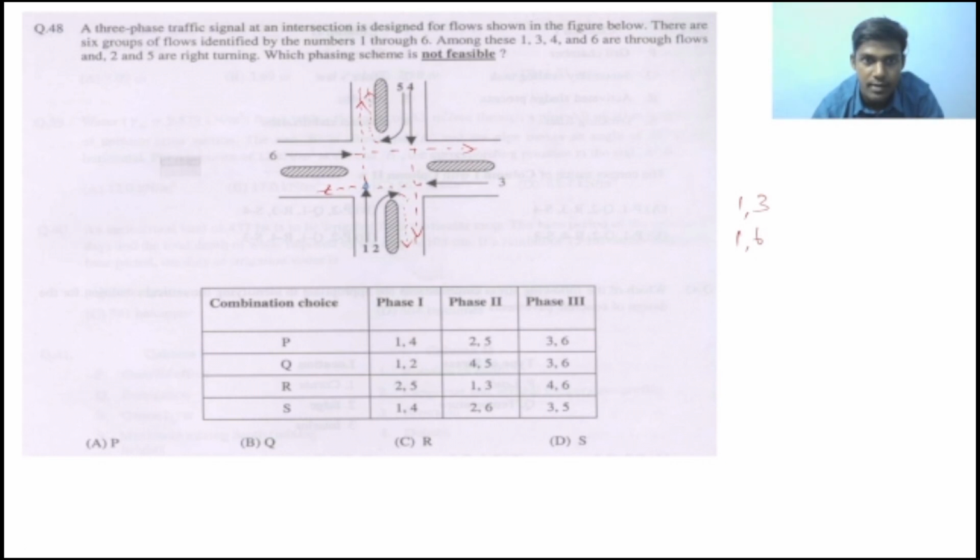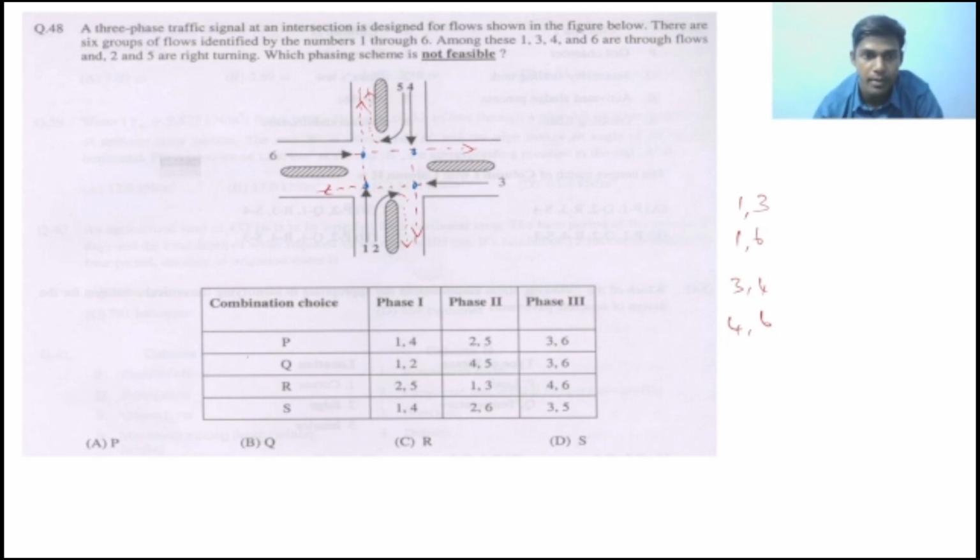There is a crossing for 1 and 3, for 1 and 6, for 3 and 4, and between 4 and 6 there is also a crossing. So these four combinations can't move at exactly the same time: 1 and 3, 1 and 6, 3 and 4, and 4 and 6. If any of these occurs in a phase, that is not possible.